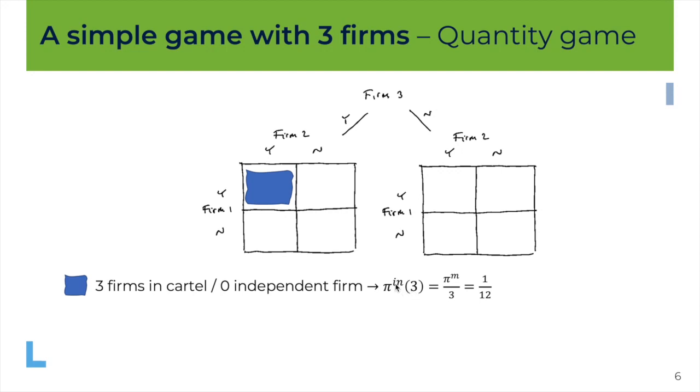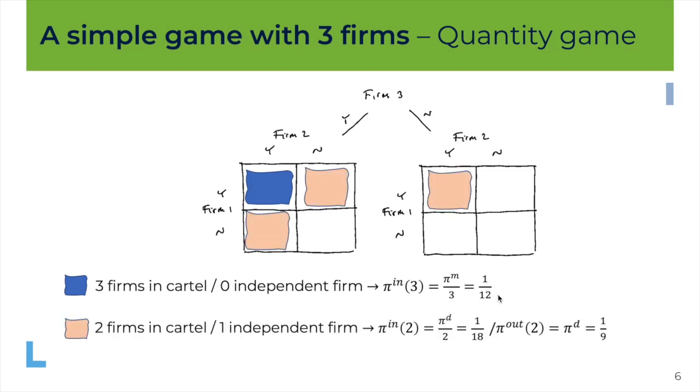So what does that mean? The superscript here means that we consider firms in the cartel, and there are three firms in the cartel. This is the number we put here in brackets. Okay, so that's a situation where they would all have decided in the first stage to be in the cartel, and so at the second stage, each of them would collect a profit of 1/12.